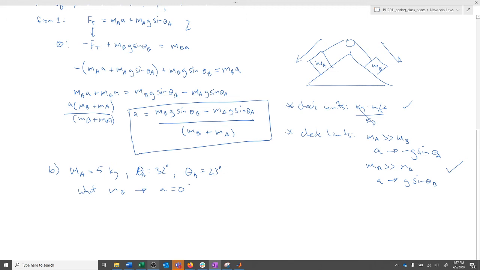So what we can do is look at where this acceleration would be 0. In that case, if it was at rest, it would stay at rest. So what that means is we want to know where the numerator of this would be 0.